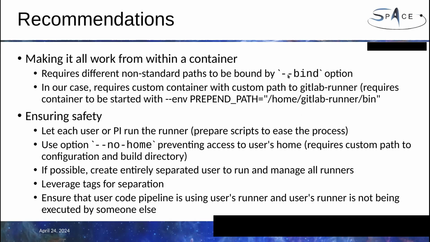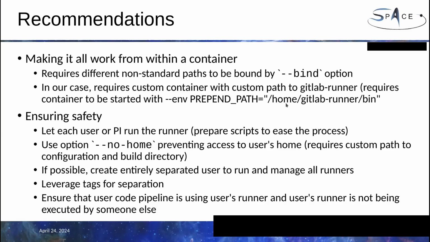Making it all work from within the container can be a little bit tricky. Like I showed you, there are a few things that need to fit into place. We need to have the special container which moves the executable first, so that it is not overshadowed by the custom path or custom bind option that we need in order to access Slurm.